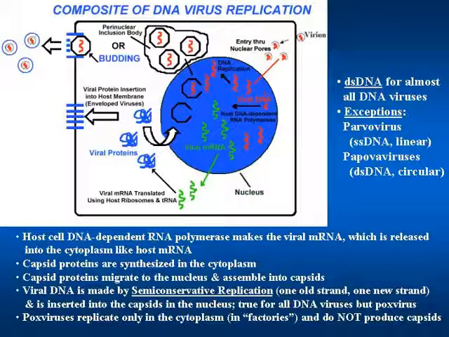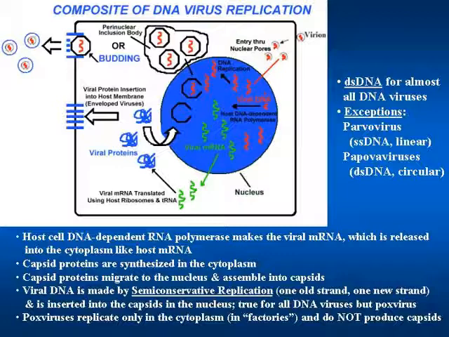Depending on the DNA-dependent RNA polymerase of the host cell, the DNA of the virus is transcribed into viral messenger RNA, which goes to the ribosome of the infected cell to synthesize viral protein.